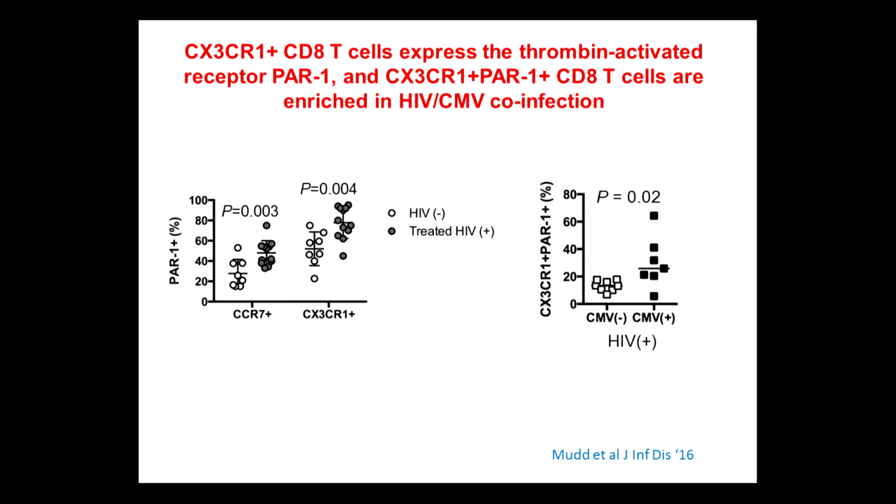And if you're HIV positive and CMV seropositive, you have a greater frequency of cells that co-express CX3CR1 and PAR-1. So HIV increases your frequency of these differentiated cells that have a thrombin activatable receptor, meaning they can be activated by the formation of a clot. And if you're CMV seropositive, that frequency increases even more.